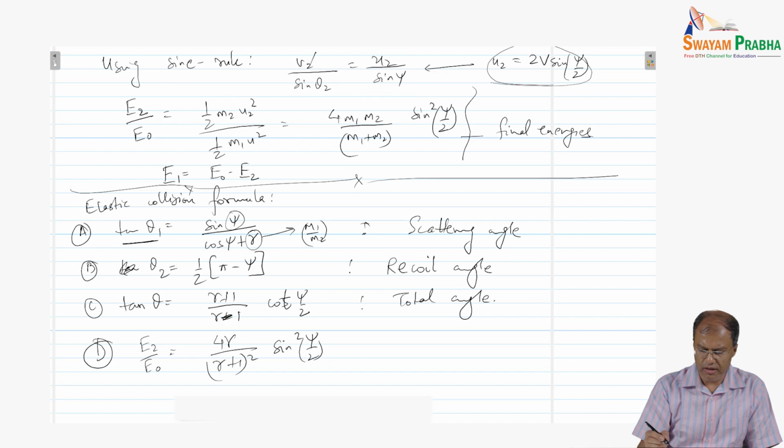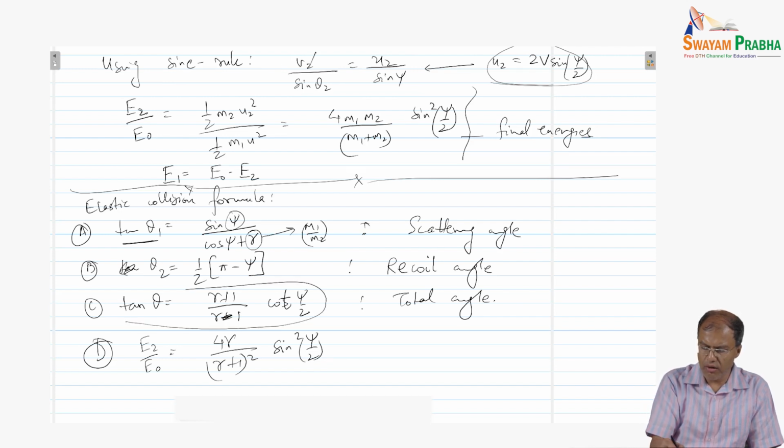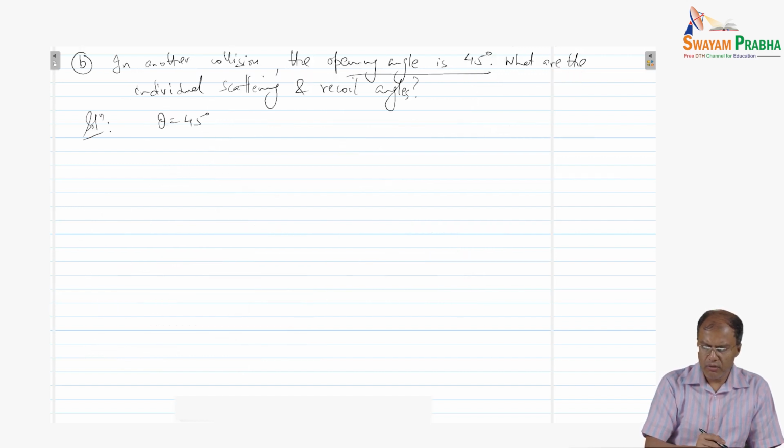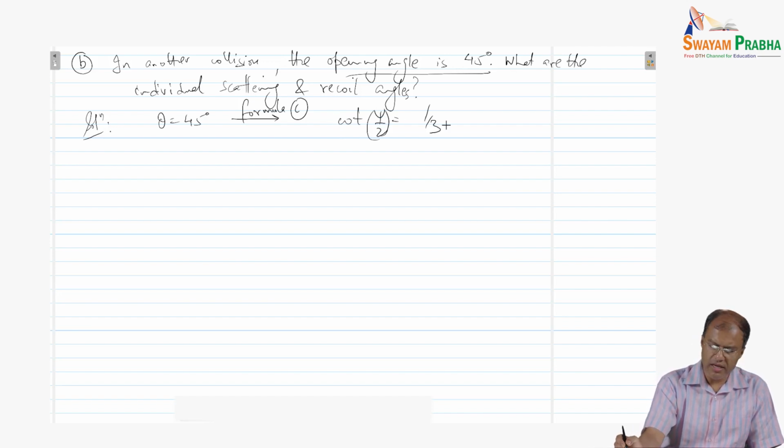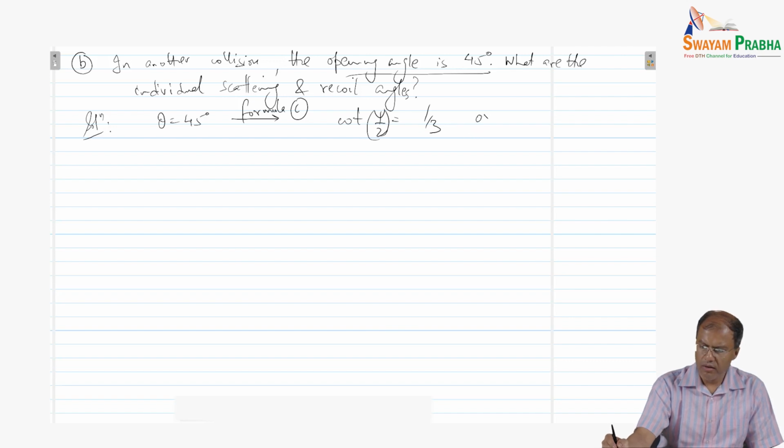Let us see what are the formulas here. We have the total angle formula, which is formula C. From here we can find psi given gamma. So from formula C, we see that cot psi by 2 comes out to be 1 by 3, or psi by 2 is 72 degrees.